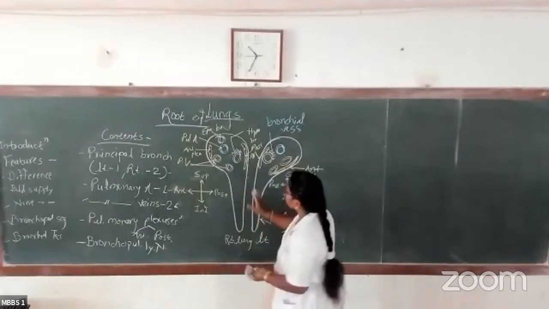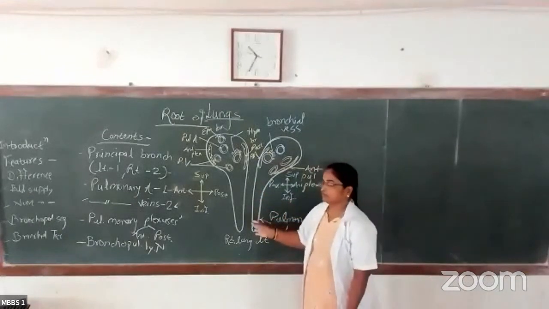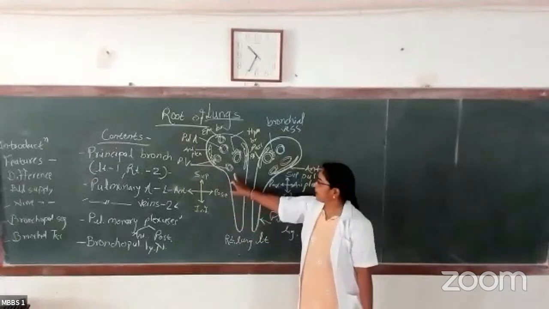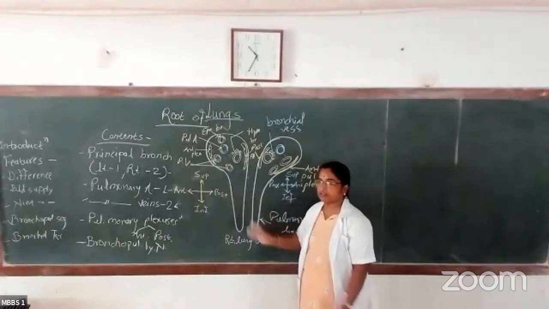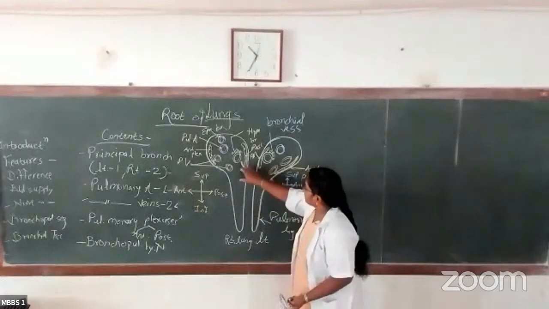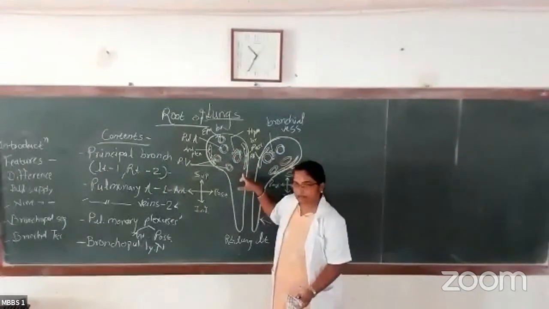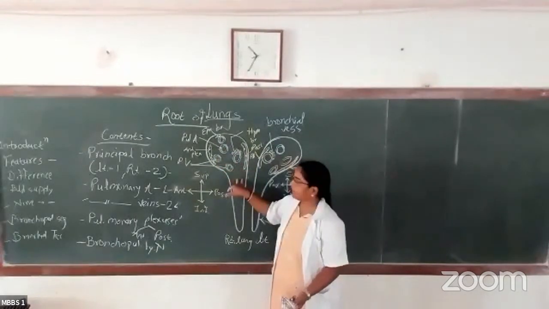See the arrangement, this is the most important part because root of lung usually comes for short note. So you have to make the difference. Which are the differential features present in both the roots? You should know that. The principal bronchi in case of right lung, there are two, that is epiarterial and hyparterial.